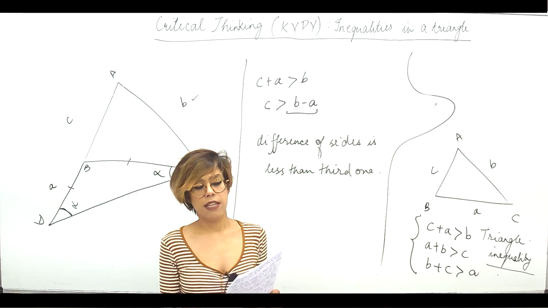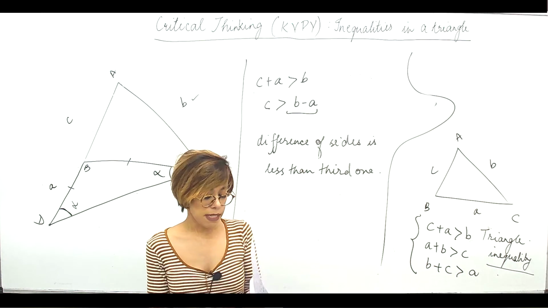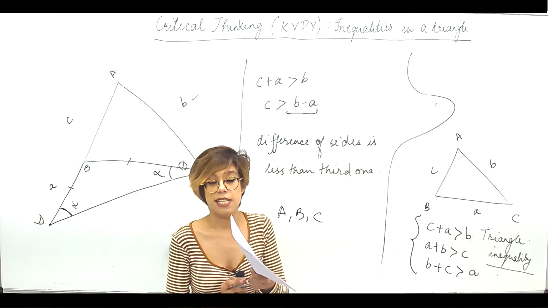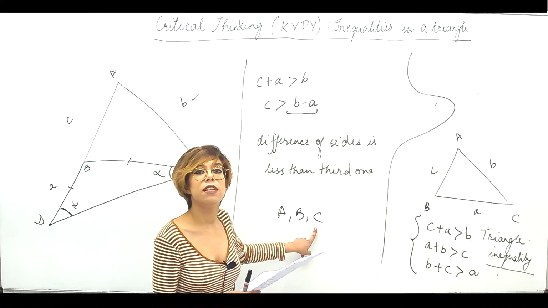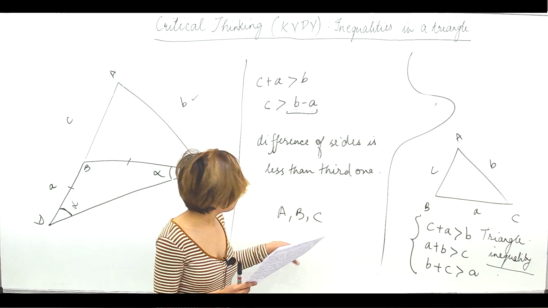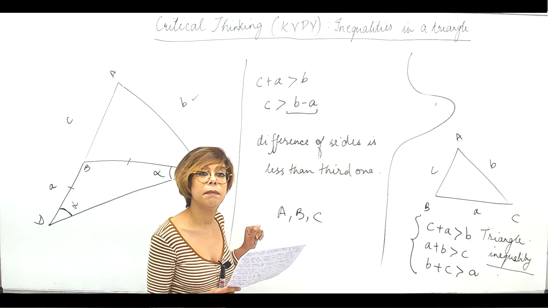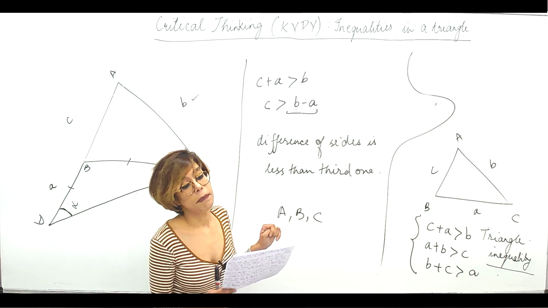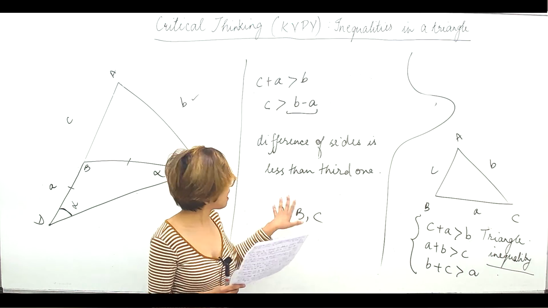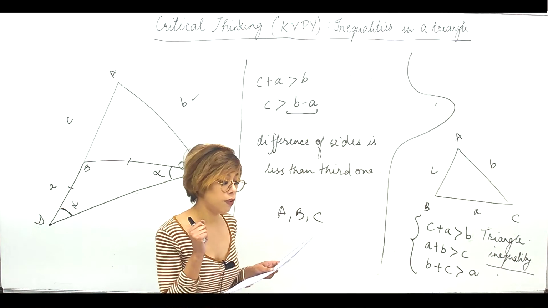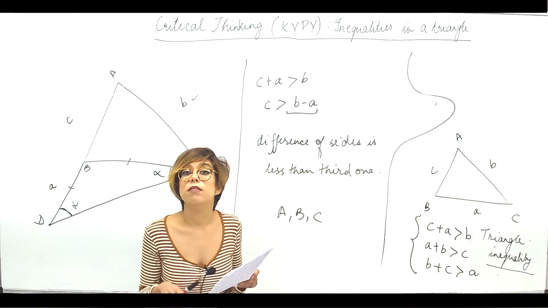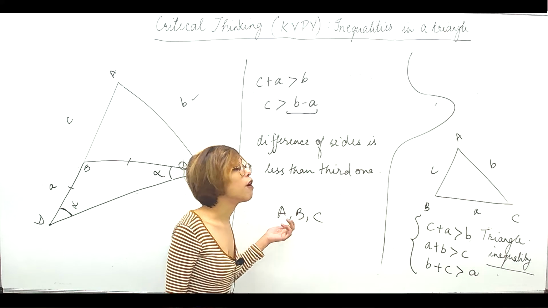If 3 points A, B, C in a plane are such that AB plus BC is greater than AC, and BC plus CA is greater than AB, and CA plus AB is greater than BC, then prove that the 3 points ABC will form a triangle.